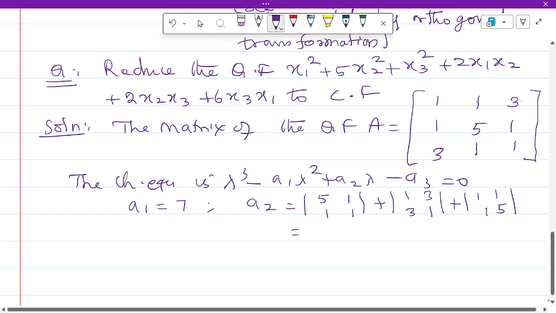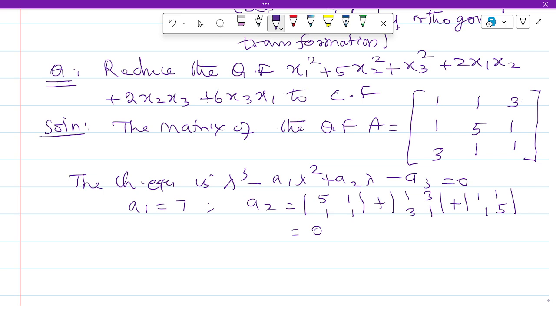So this value is 0, 5 minus 1 is 4, and then 1 minus 8, and once again 5 minus 1 is 4.